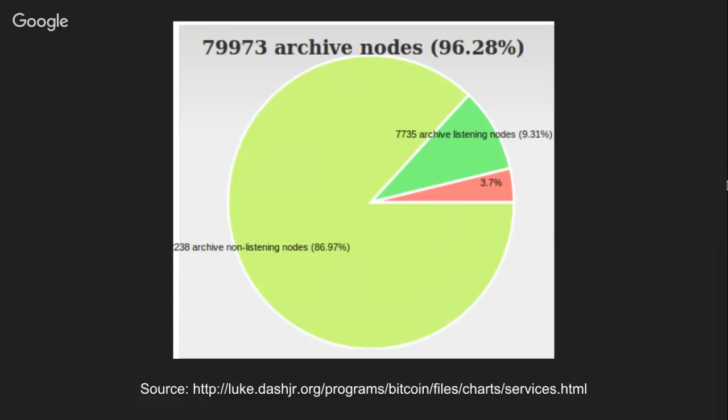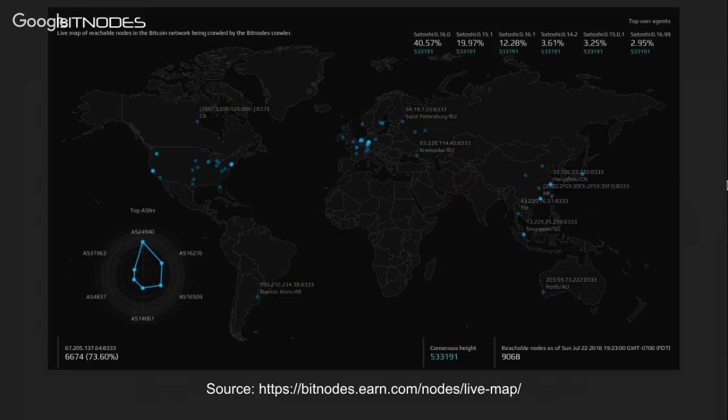And those could be merchants, traders, or average users. We don't know what these people are using their nodes for, but the fact that they're participating in full validation and decentralized consensus is significant. And so there's about 80,000 of those nodes that Luke Jr.'s crawler has been able to detect. There could be more. It's hard to make an exact measurement just due to the decentralized nature of the network.